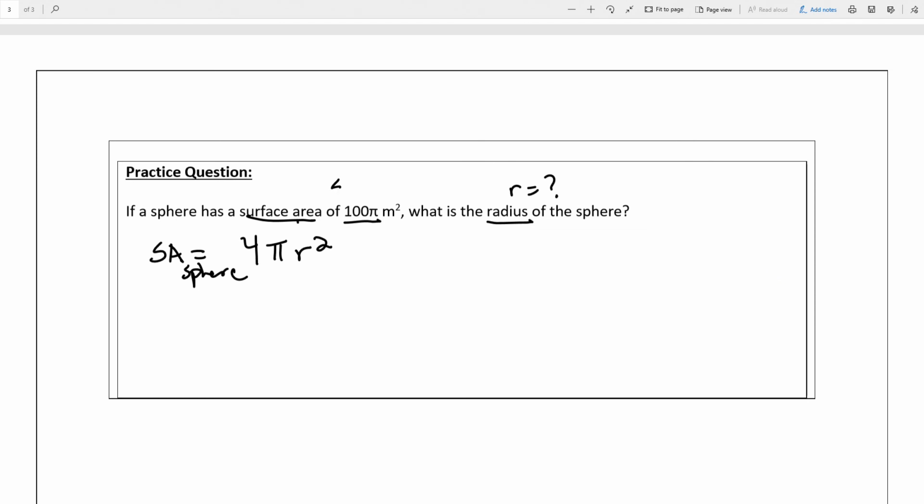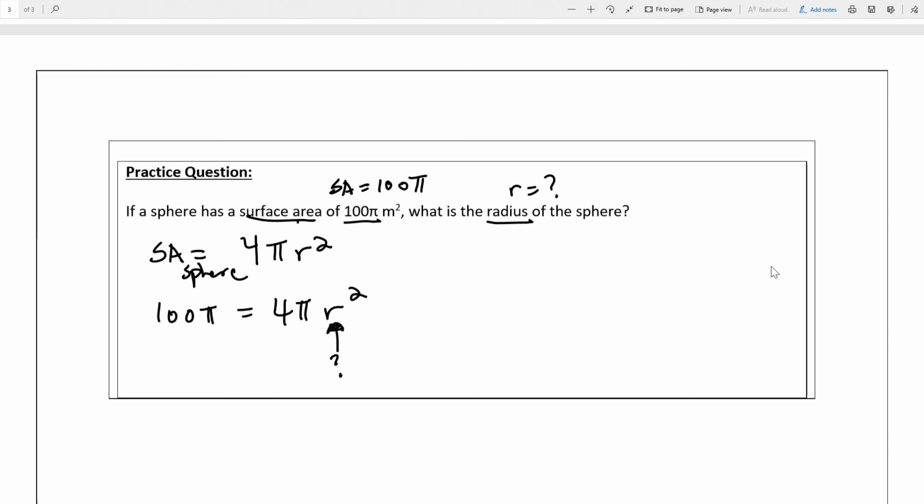Here we're given the surface area, which is 100 pi. So I'm just going to substitute that in the equation. And we're trying to find this r here. What is this r?